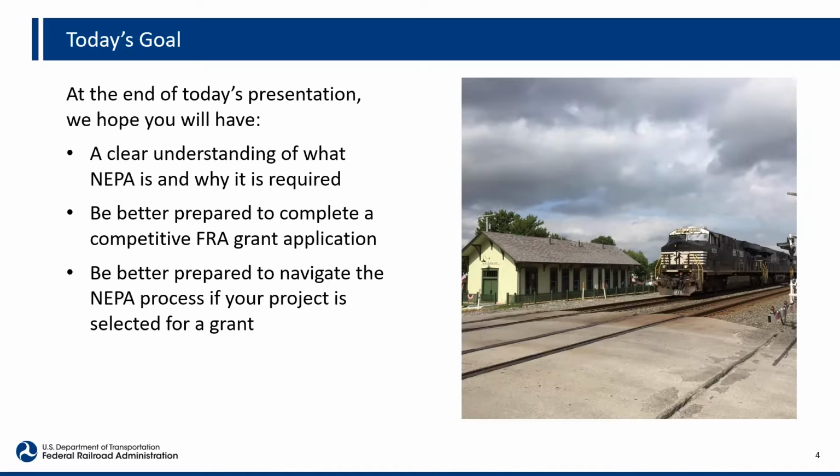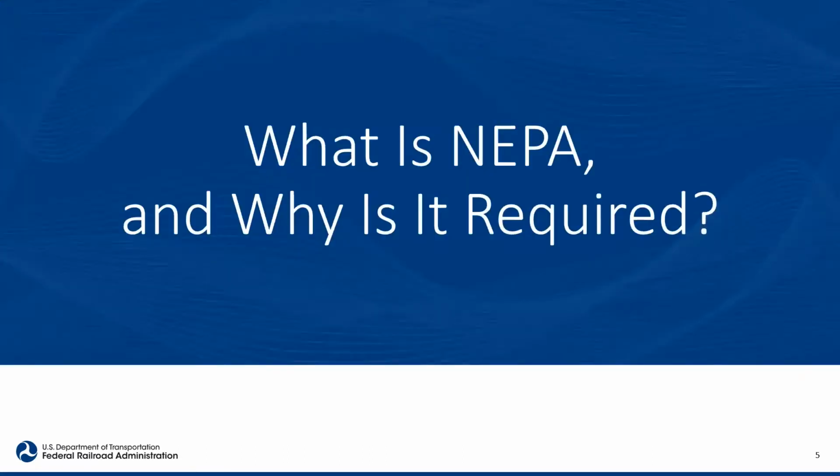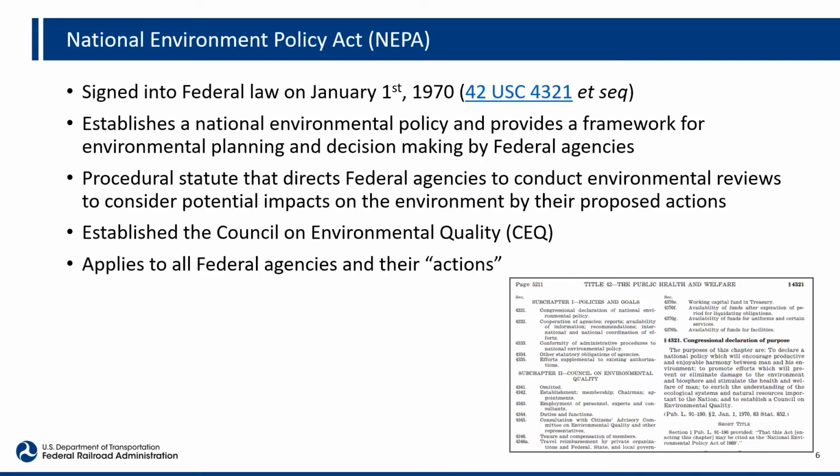So let's talk about what NEPA is and why it's required. NEPA was signed into federal law on January 1st, 1970. Actually, it was passed in 1969, but signed into law by President Nixon on January 1st, 1970.